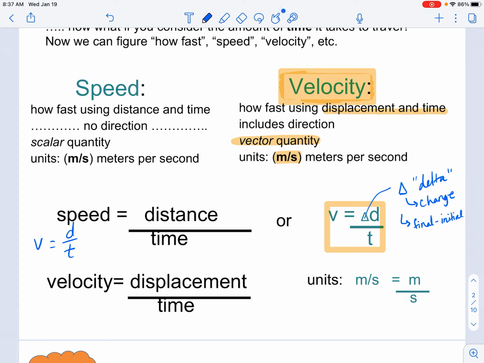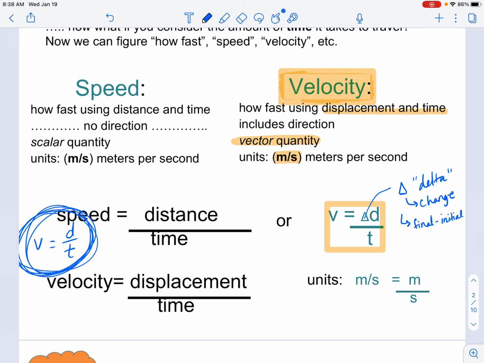I am going to leave it v equals d over t like we've already received. You will have to be responsible for knowing that if it's asking you for the speed, that d represents the scalar distance. If it's asking you for the velocity, then that d technically represents delta d, because that would be the vector displacement.